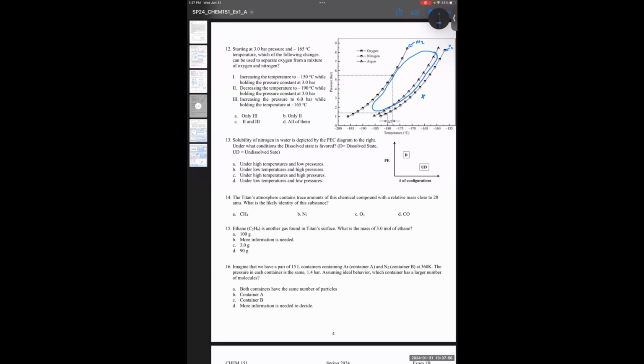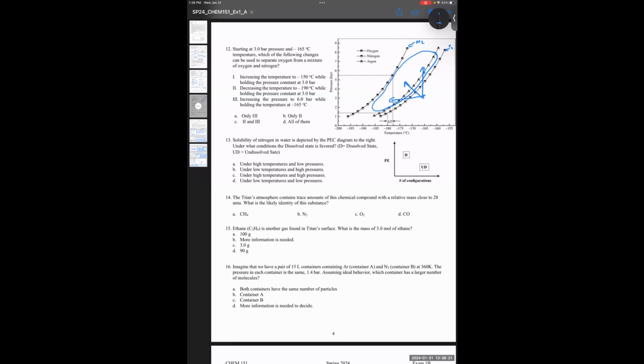Okay, so we can either decrease the temperature or increase the pressure, or decrease the temperature and increase the pressure. So these are our options. So let's say now increasing the temperature to minus 150 degrees Celsius, no. If it increases the temperature, we cannot reach this region.